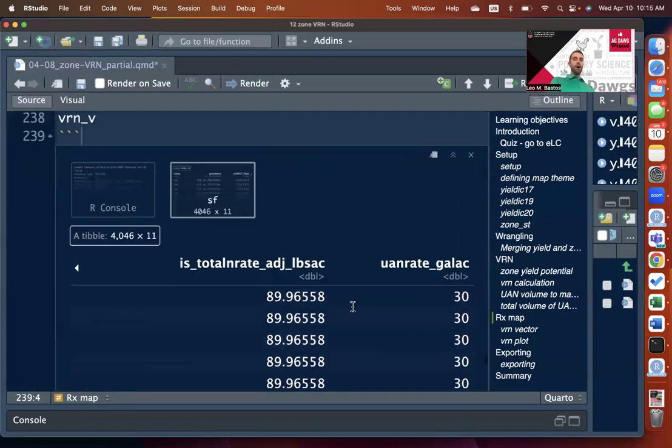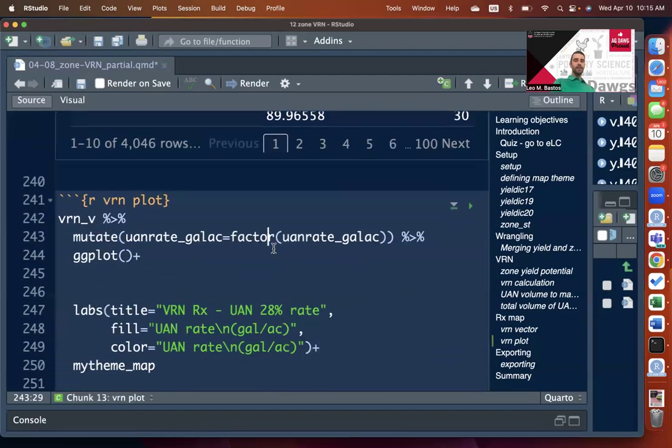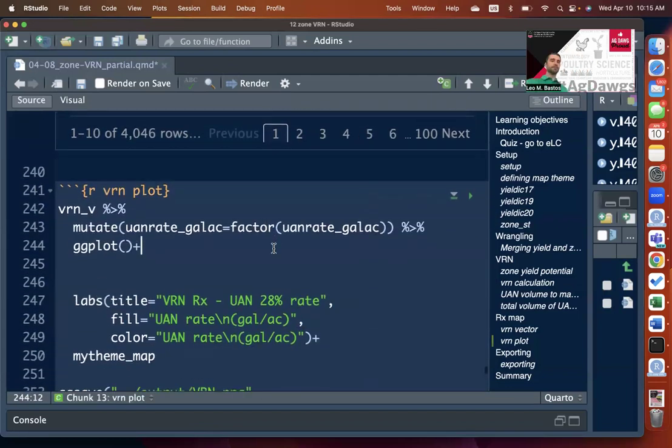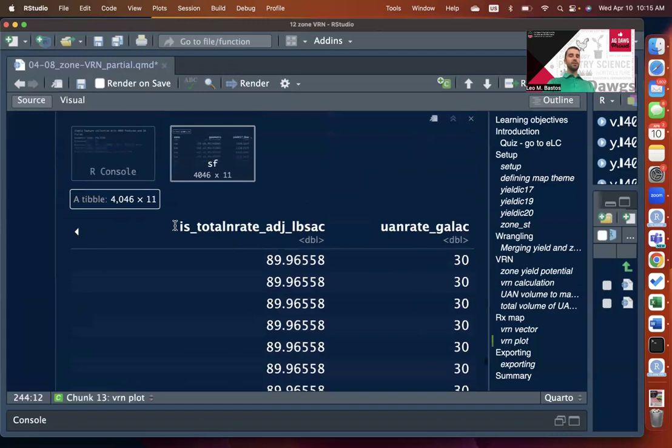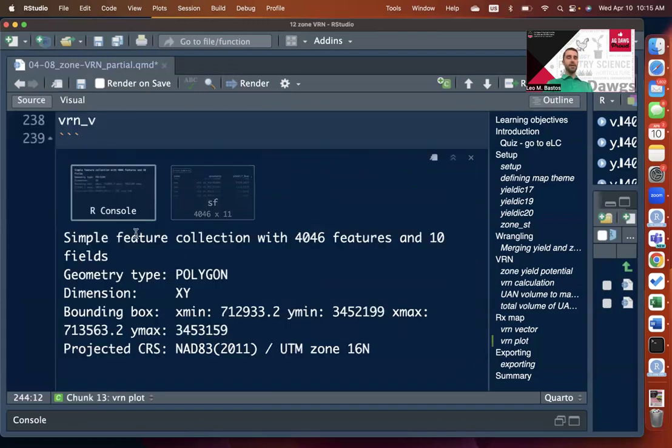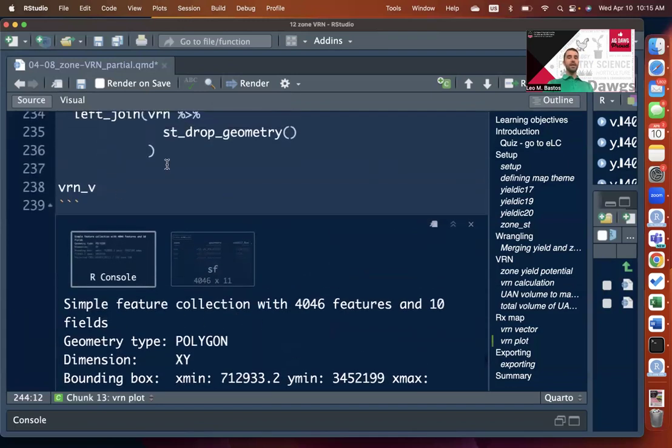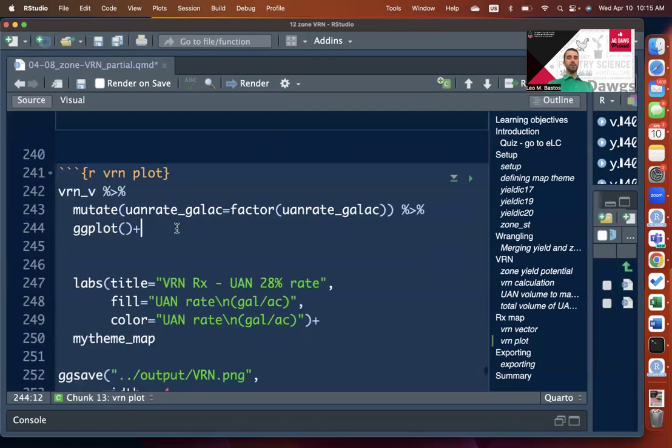Okay, so now we have one object that has all the information together, combined. And now I want to make a plot using that object. So VRNV, which we just created above, is still an SF object, so it still has spatial information. It has all those columns. And my goal here is to make a map that I can show this grower that includes the UAN rate that we're applying.